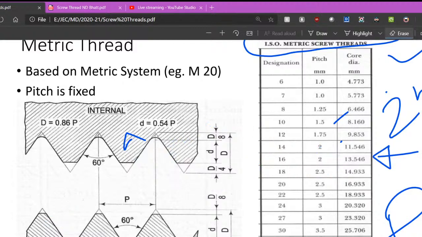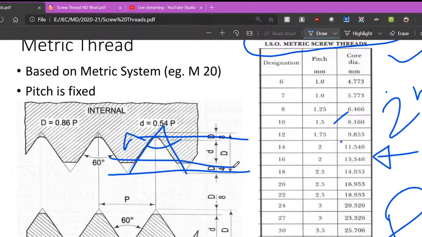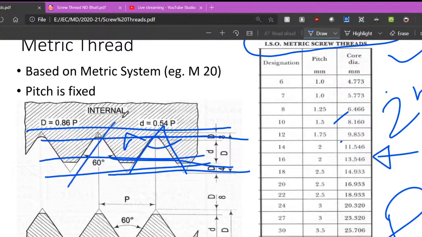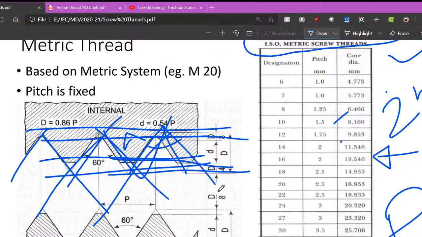So you draw the triangles, make it 60 degree, leave that much part, and chop off that part. For that you need to draw 4 light lines, and then draw the basic triangle. Either you draw this parallel line continuously, and then you draw the parallel line continuously, you will get the form.